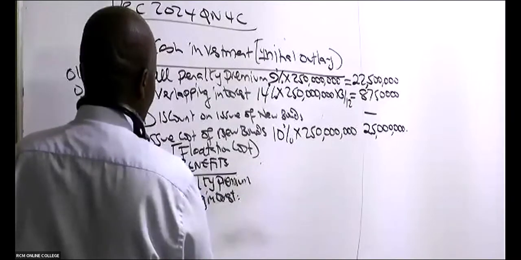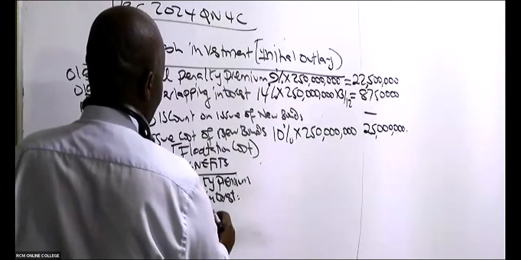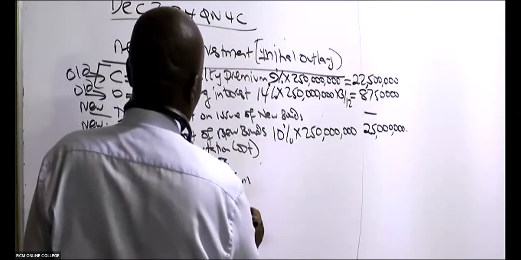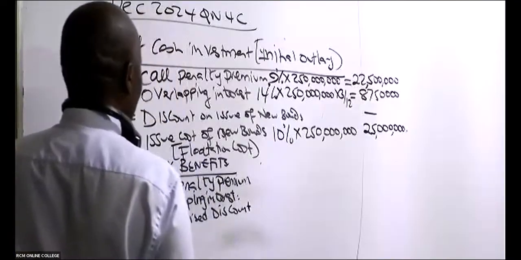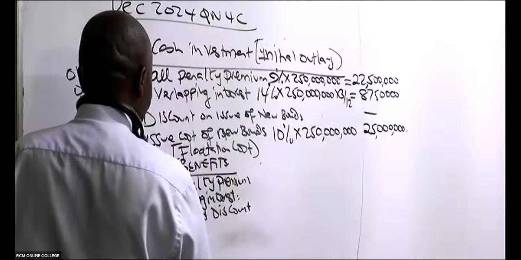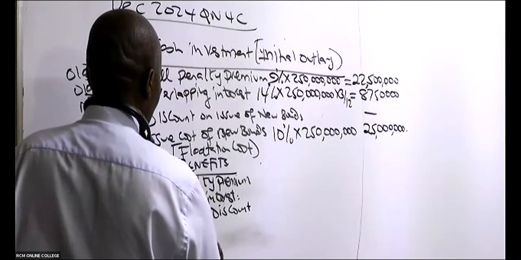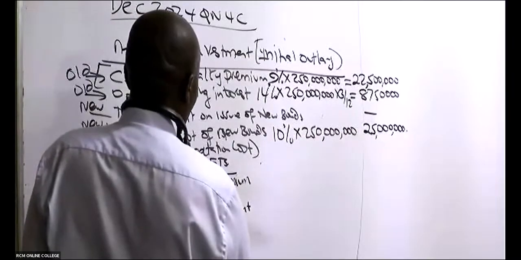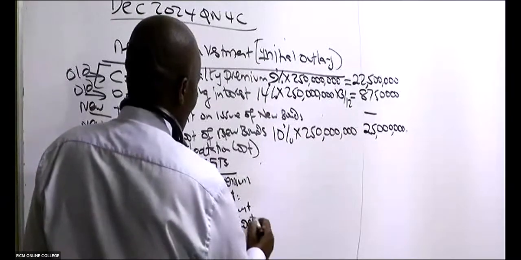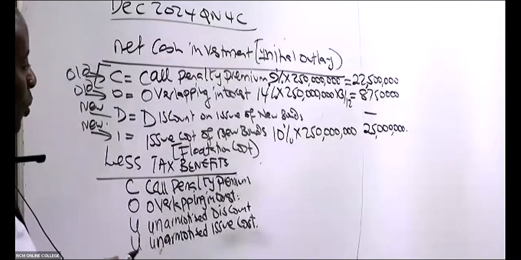And then we have unamortized discount. Then we have unamortized issue costs. COE for KRA.